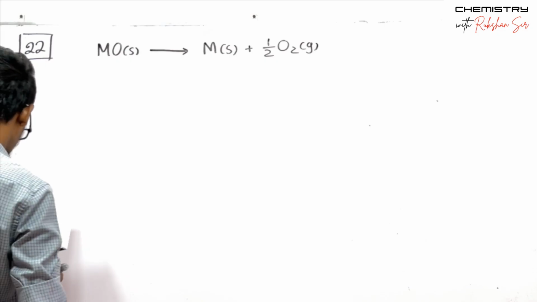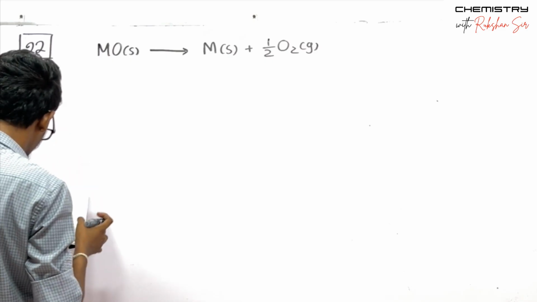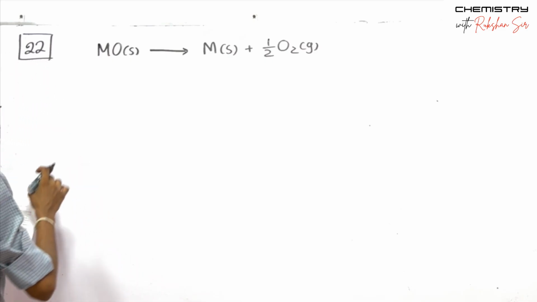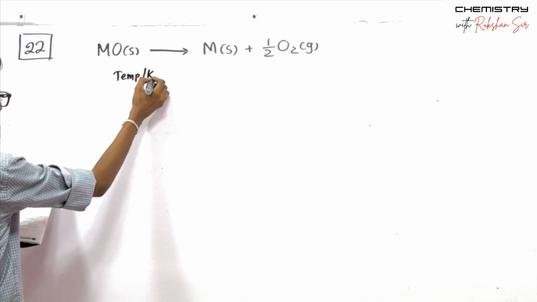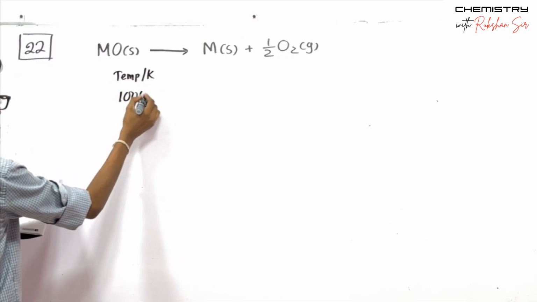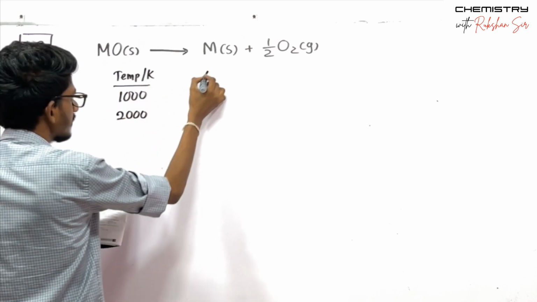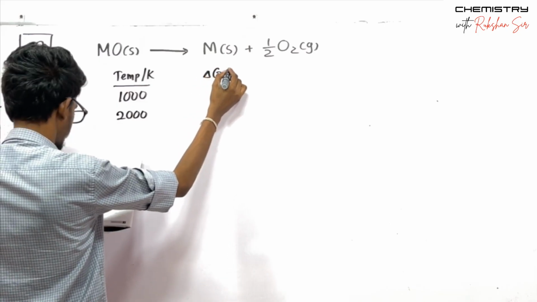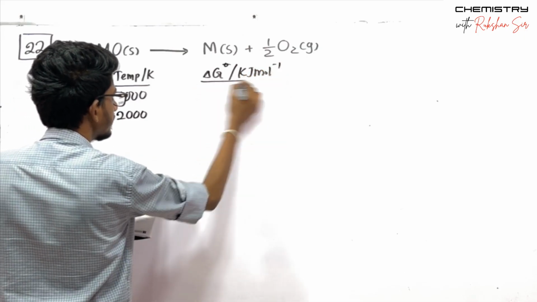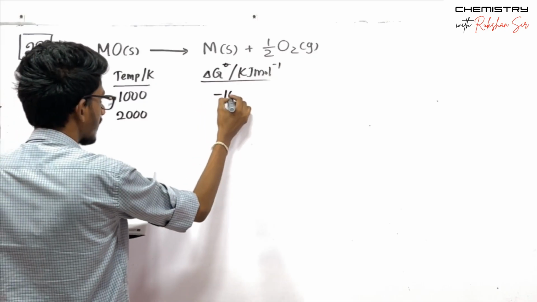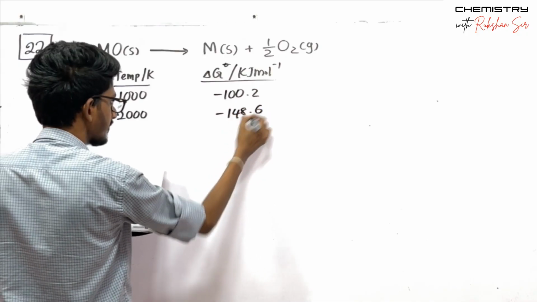Temperatures and delta G values are given. Two temperatures and delta G values are given. Temperatures in Kelvin are 1000 and 2000, and delta G values are given in kilojoules per mole: minus 100.2 and minus 148.6.